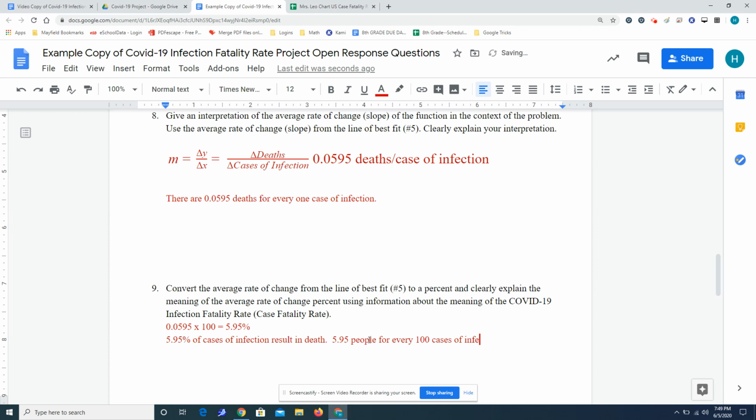And we could even round that up to 6. So 6 people out of 100 end up dying, which is high. That's a lot of people when you think about what 100 people is. I mean, think about 100 people in a room and 6 of them are going to die.